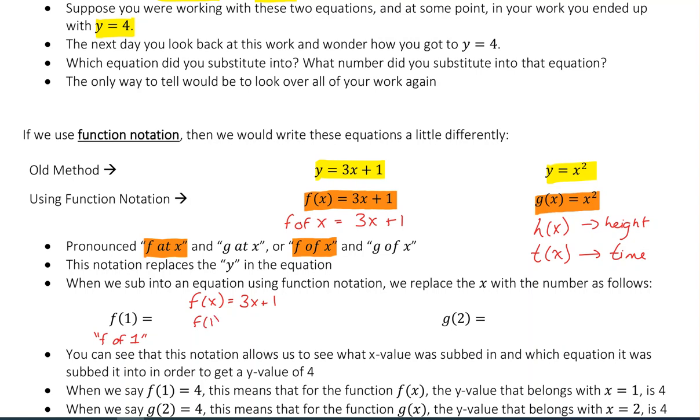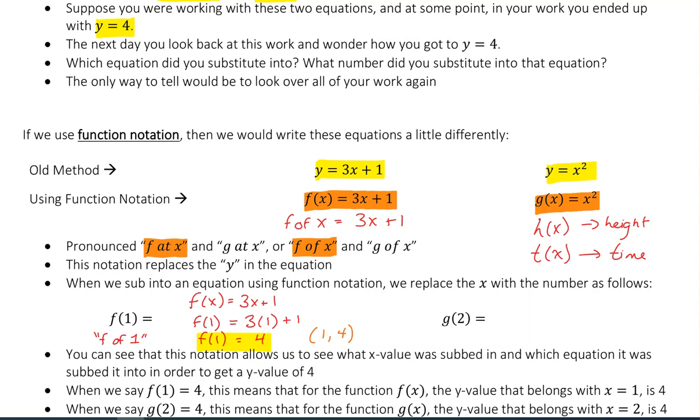So I'm going to write it like this: f of 1 is equal to 3, plugging 1 in for x, plus 1. Then I'm going to solve. 3 times 1 is 3, plus 1 is 4. So now I have this final answer, f of 1 is equal to 4. What does that mean? If I plug in x equals 1, I get y equals 4. So I know that the point (1, 4) exists, and I know what I substituted in.